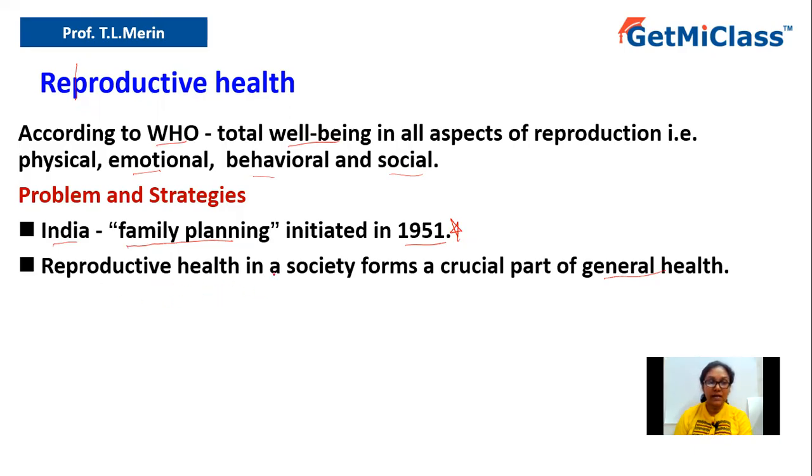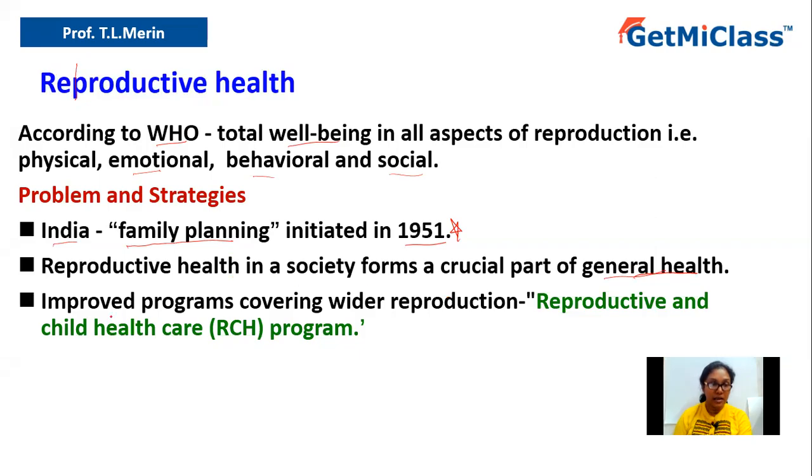Now, reproductive health in a society forms a crucial part of general health. Okay. So if a person is healthy, if everything is fine physically, emotionally, behaviorally, socially, then of course his reproductive health will be good. But if he's suffering from some disease or some emotional stress or behavioral problem, that can have an adverse effect on his reproductive health.